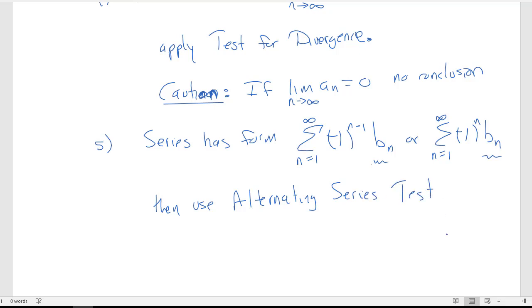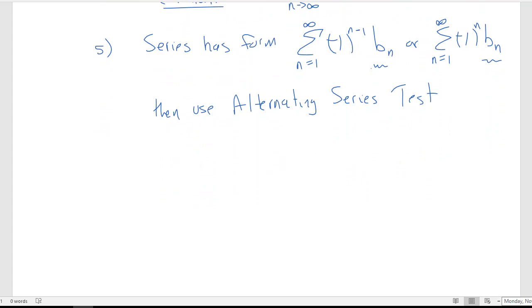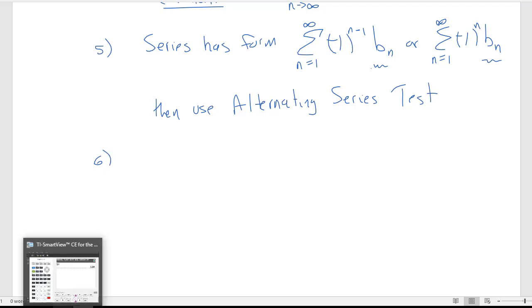All right, then the ratio test we had discussed, and remember the ratio test was really convenient with forms that had factorials or exponential forms. We could use the ratio test when we have exponential or geometric-esque types of forms.